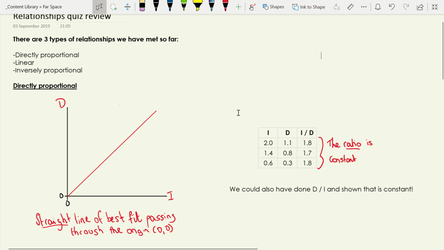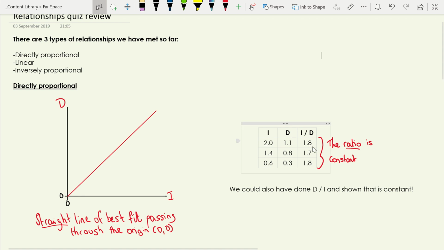If we just have a table of data that we've collected, so again, we've got our independent variable and our dependent variable. If we calculate I over D, so independent divided by dependent, so here to get the 1.8, I've done 2.0 divided by 1.1, and I've done the same thing here, so 1.4 divided by 0.8 gives you 1.7, and so on.